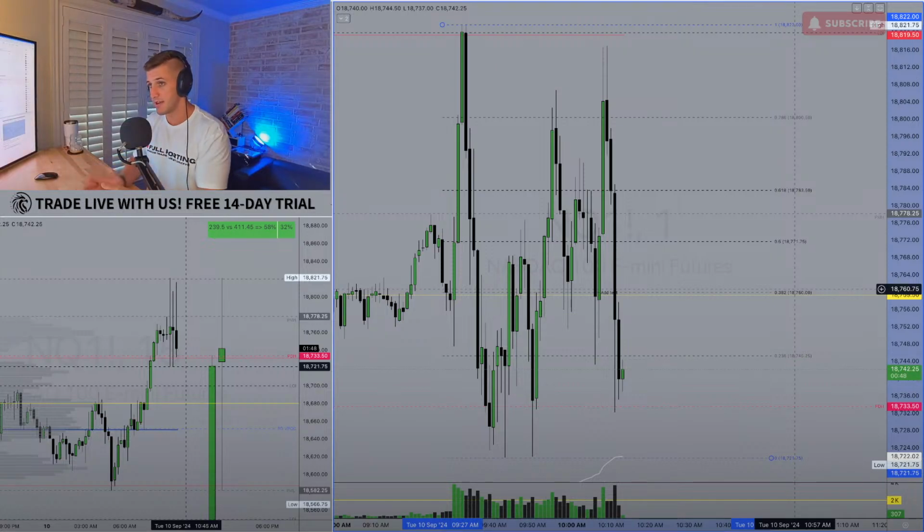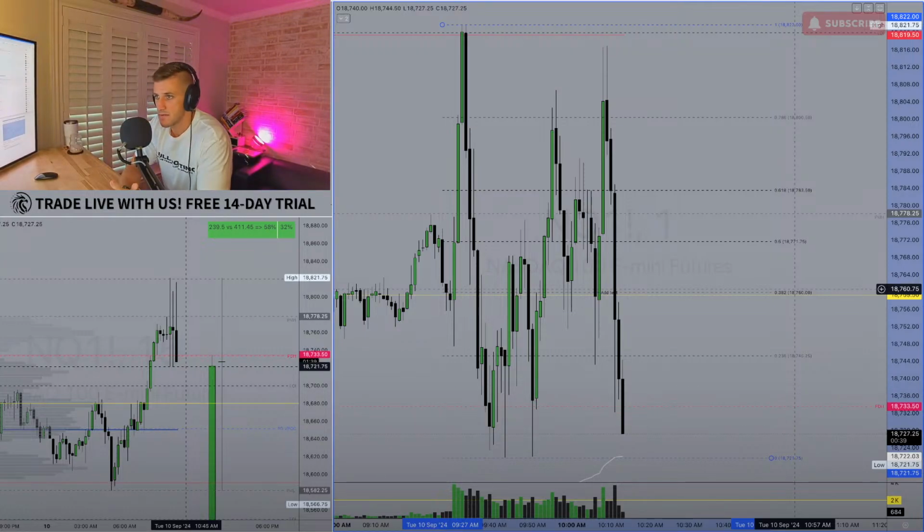NQ hasn't broken down yet. It's not yet following suit with ES. Let's see if it breaks down right now.